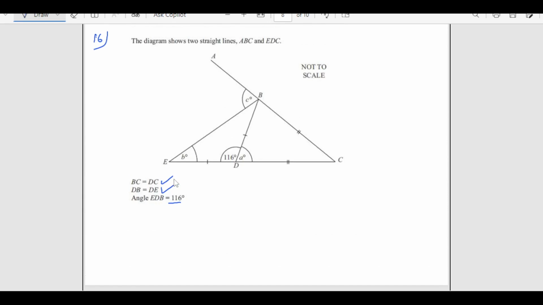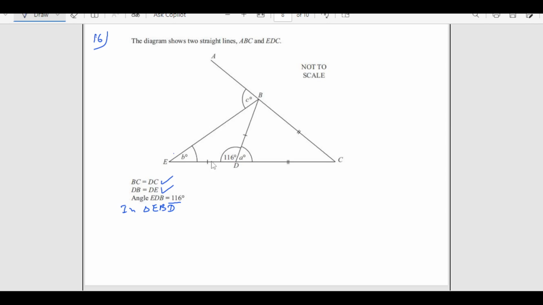Always we need to start with whatever is given. Here the angle is 116. We will only focus on this triangle EBD, sum of the angles. Now these sides are equal, so this is an isosceles triangle. I told you previously also, when we have 2 sides equal, the opposite angles are also equal.